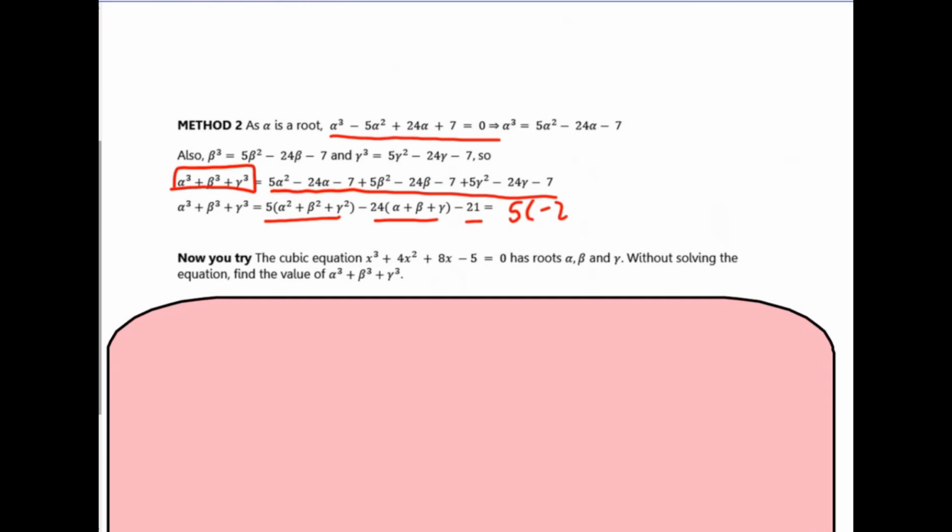So that was minus 23. We know the sum of the roots earlier in the question is 5 and we're minusing 21. So that gives me minus 1, 5 minus 120 minus 21, 256.